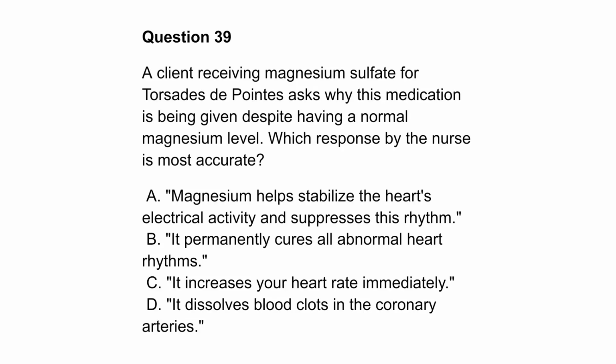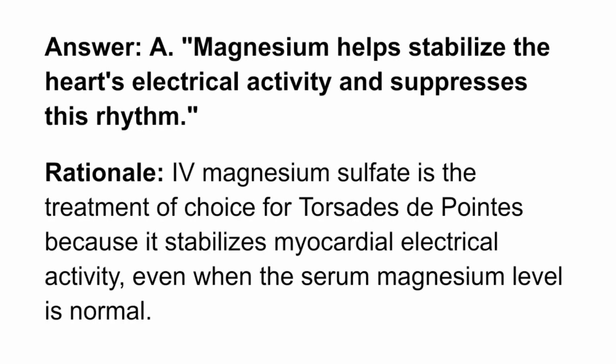C. It increases your heart rate immediately. D. It dissolves blood clots in the coronary arteries. Answer: A. Rationale: Magnesium sulfate is the treatment of choice for torsades de pointes because it stabilizes myocardial electrical activity, even when the serum magnesium level is normal.